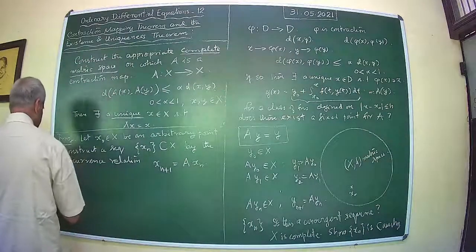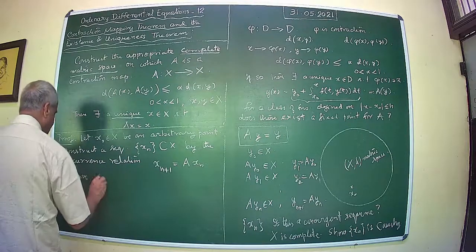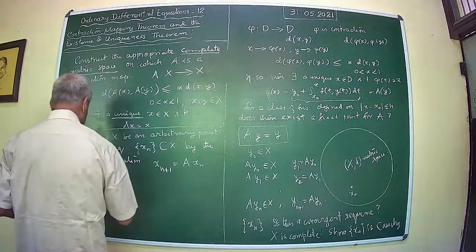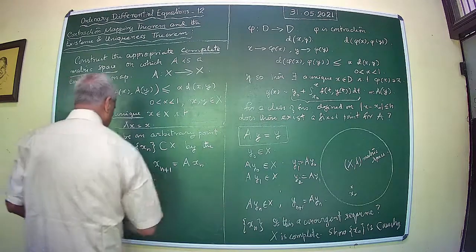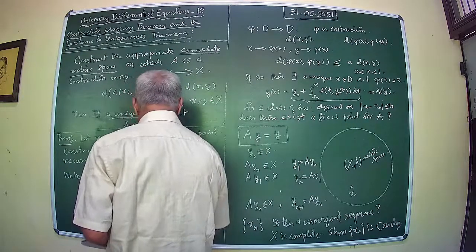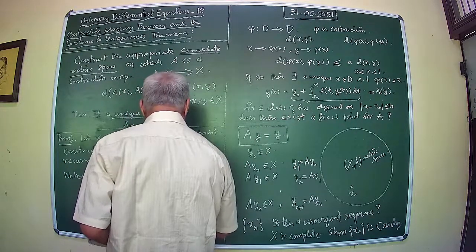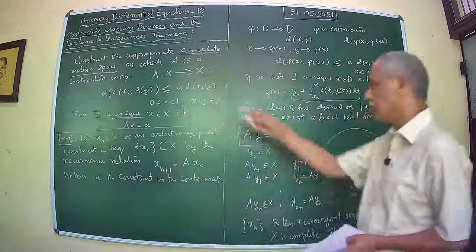So alpha is a constant in the contraction map. We are assuming there exists an alpha.